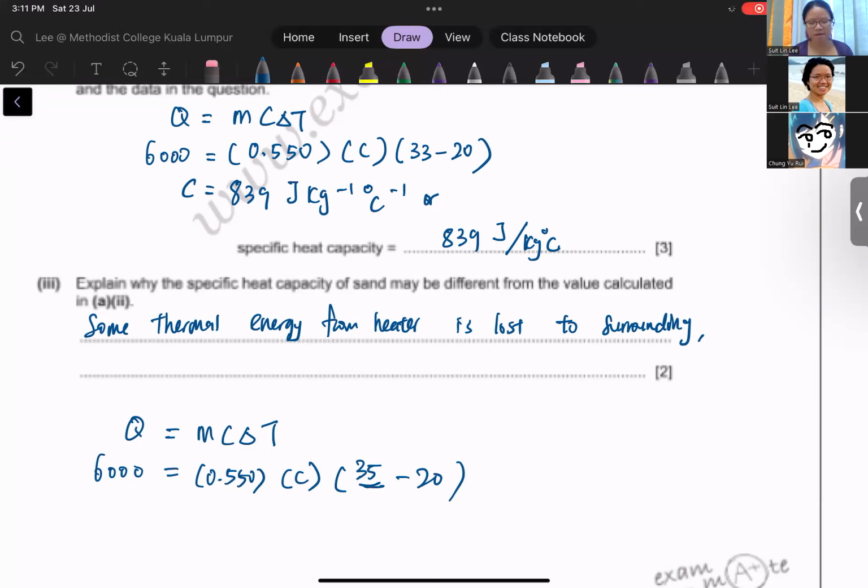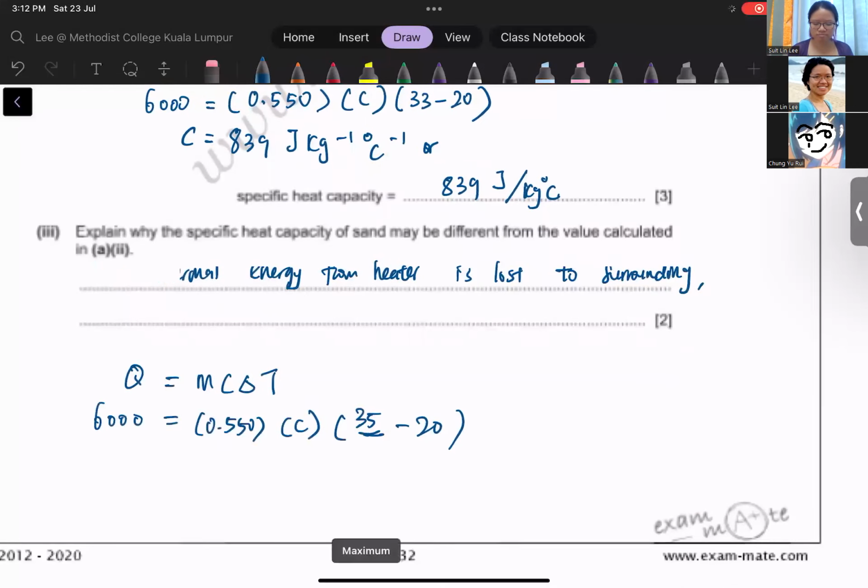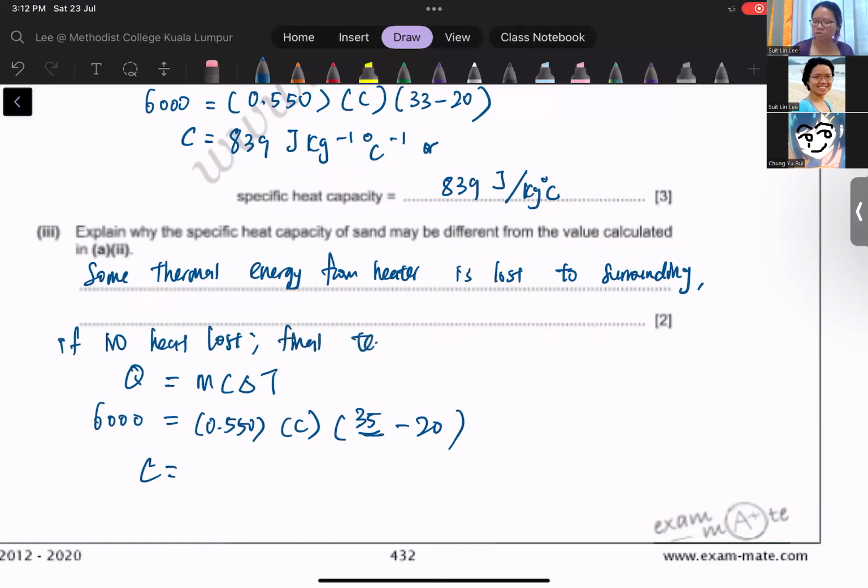So I expect it's supposed to have a larger change in temperature. Then if I repeat this calculation, if no heat is lost, maybe the final temperature will be greater than 35.